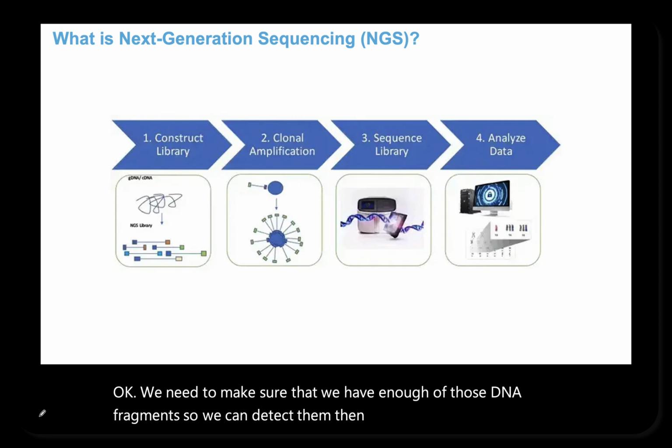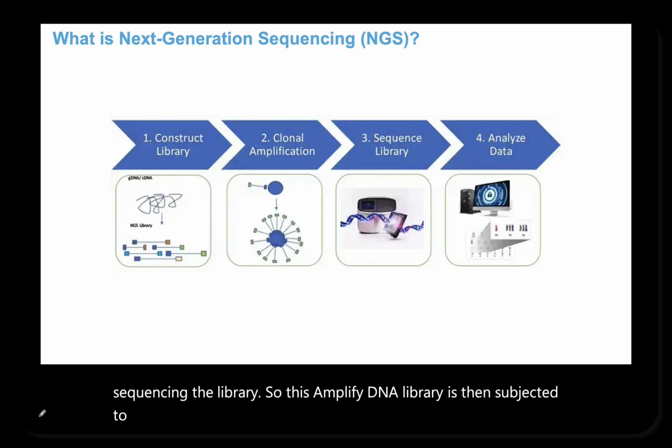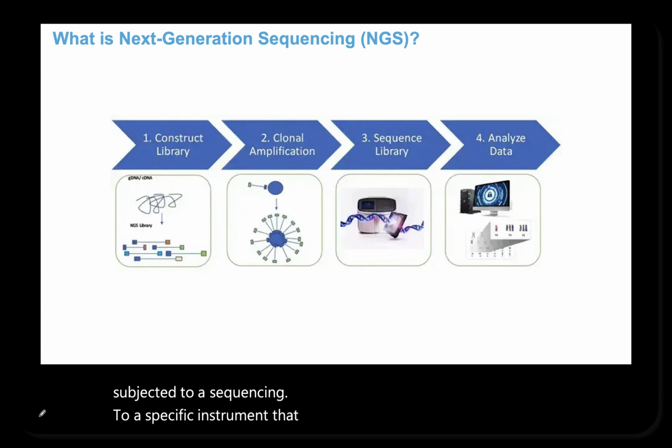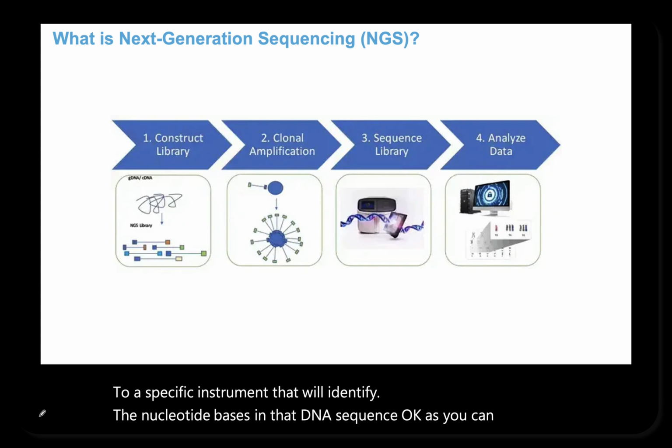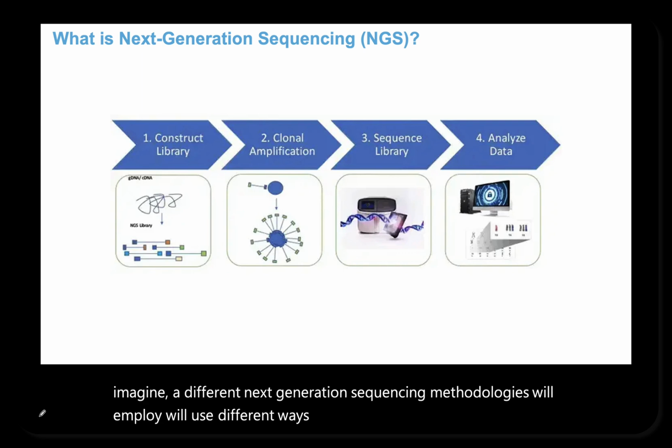Then the next step is actually sequencing the library. So this amplified DNA library is then subjected to a specific instrument that will identify the nucleotide bases in that DNA sequence. Okay? As you can imagine, different next generation sequencing methodologies will use different ways of sequencing the DNA.